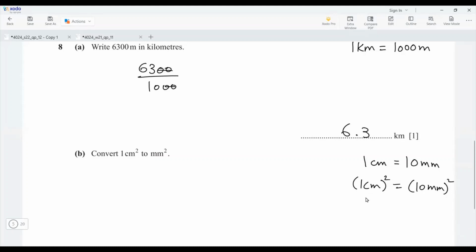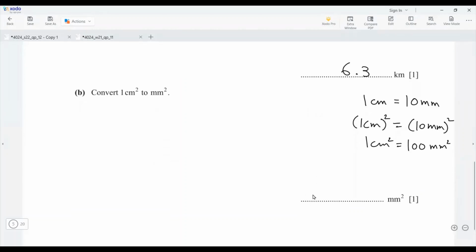Square of 1 gives you 1, and centimeter becomes centimeter square. I can say double the number of zeros: if there is 1 zero, we make it double. It becomes 100, and millimeter is millimeter square. So 1 centimeter square results in 100 millimeter square. So this is the unit conversion for the square units.